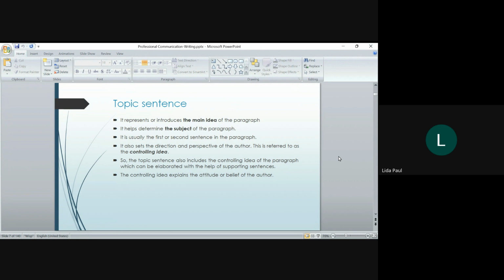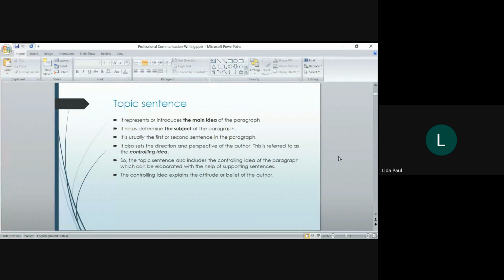Hence, it is an important component in the writing of a paragraph, right? It represents the main idea, and it also helps the reader to identify the subject of what they're reading, or what the paragraph is written about. Okay, because it encapsulates both of these things within itself. It is referred to as the topic sentence, and it's also an essential component for a paragraph, right?